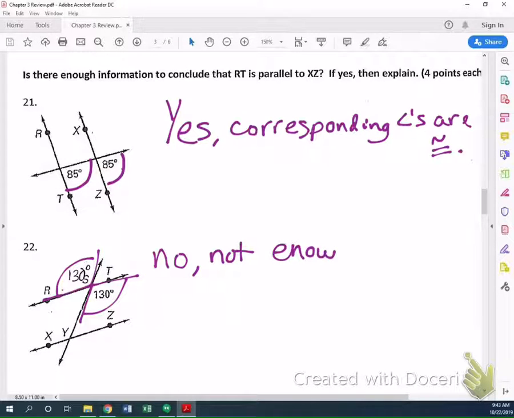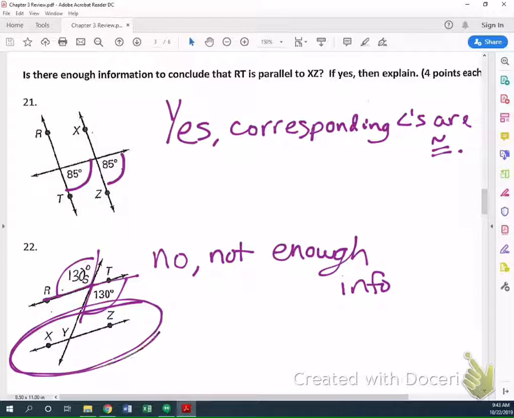And I told you a couple times, a good tip-off that it's not enough information is that one of the lines is completely left out. We have no information down here at all. So it would be impossible to conclude that these two lines are parallel if we don't know anything about that bottom line. Questions?